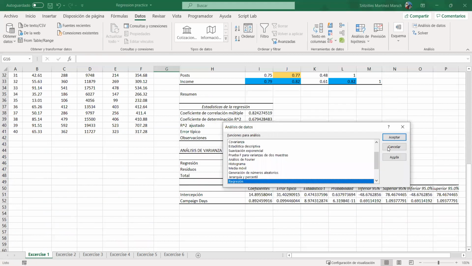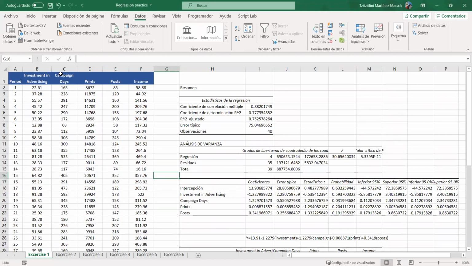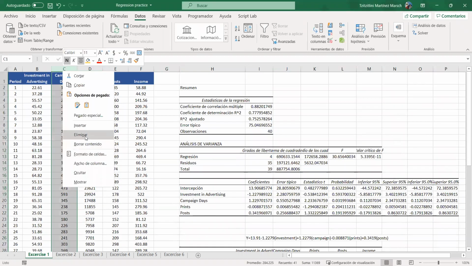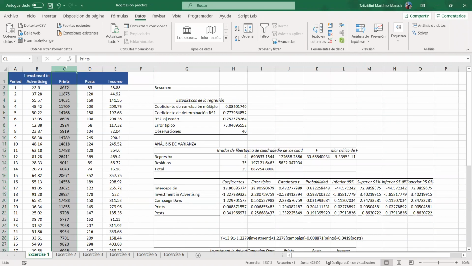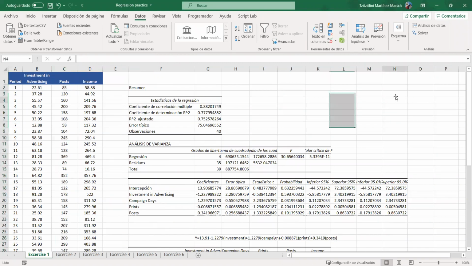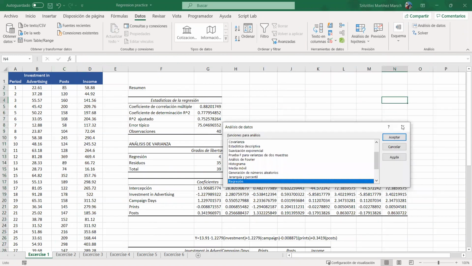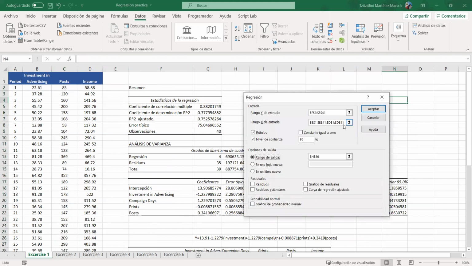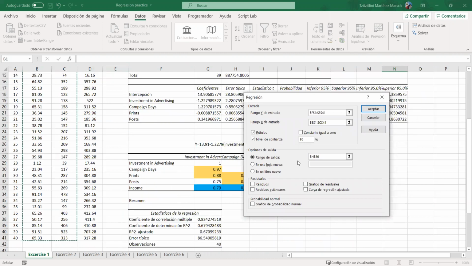So let's go ahead and I'm gonna, for right now, eliminate this one and eliminate this one, okay? Just so we can see our problem. And here we go. Okay, there we go.